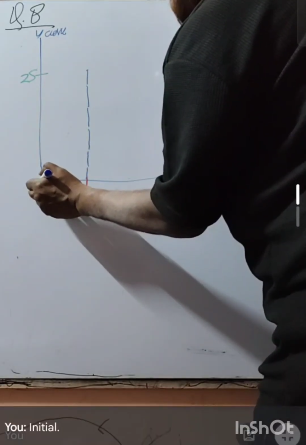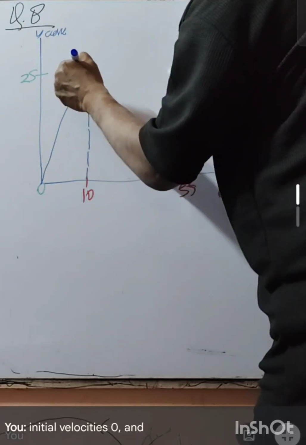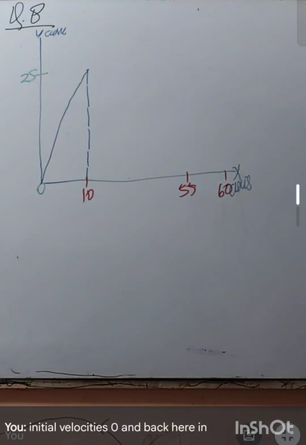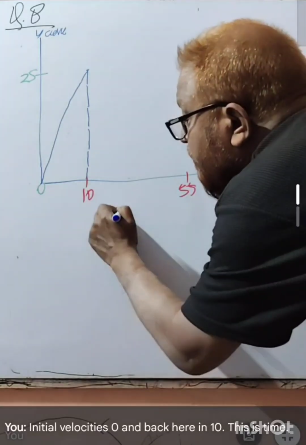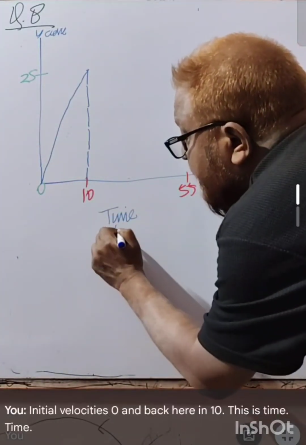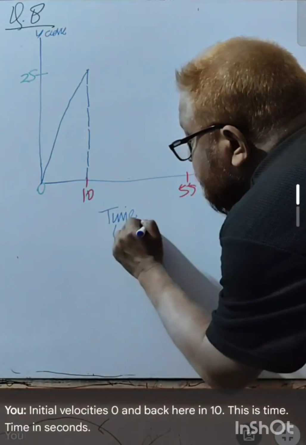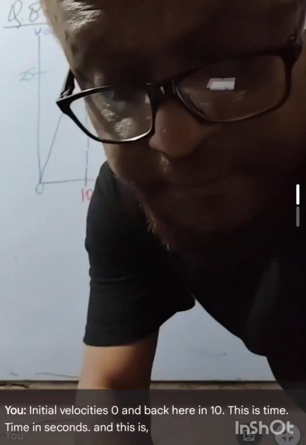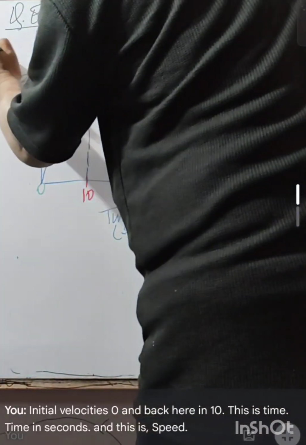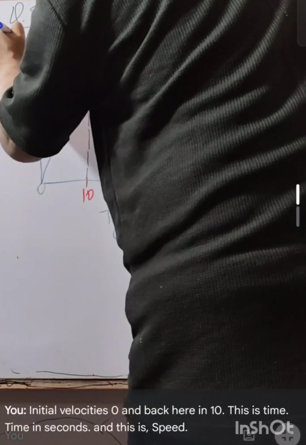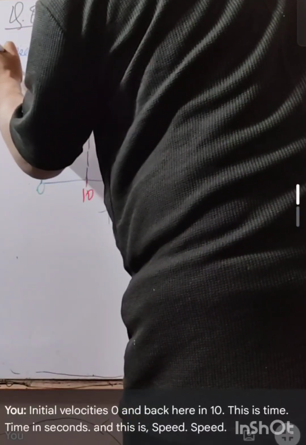Initial velocity is 0, and here at 10, this is time in seconds, and this is speed in meter per second.